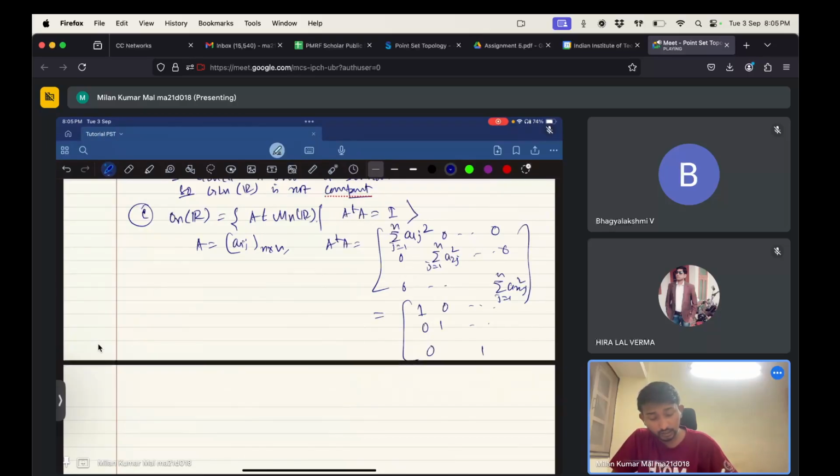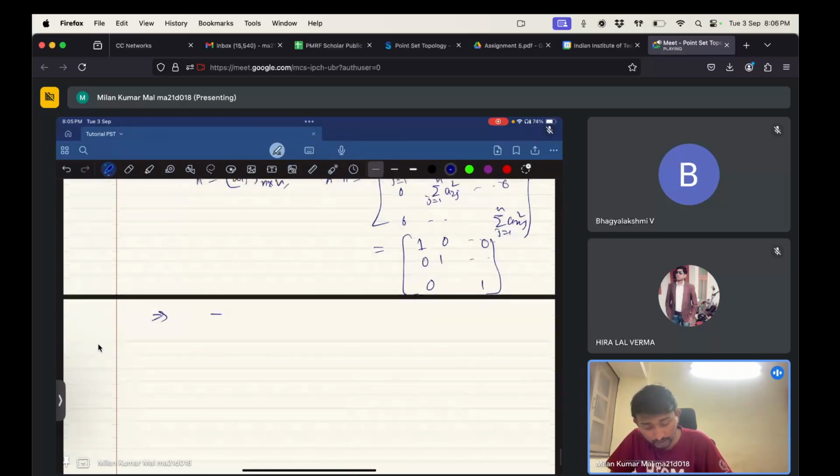So the sum of aij squared, i and j from 1 to n, is equal to n.